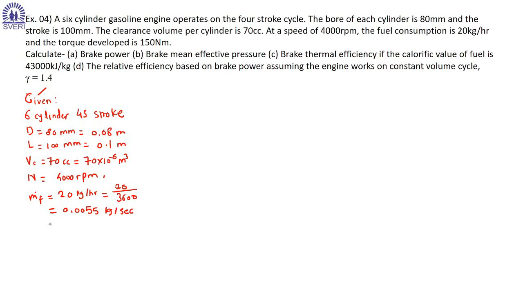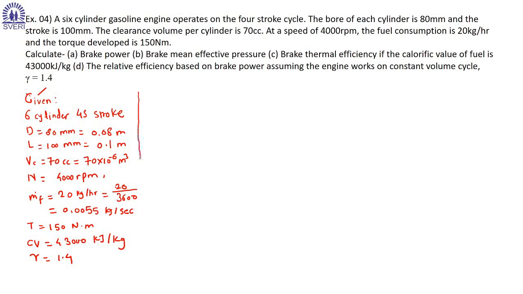Now next, torque is given as 150 Newton meter, and then we have to calculate first the brake power, then the brake mean effective pressure, then third the brake thermal efficiency. The calorific value of the fuel is given as CV equal to 43,000 kilojoule per kg, and for the relative efficiency, gamma is given as 1.4.